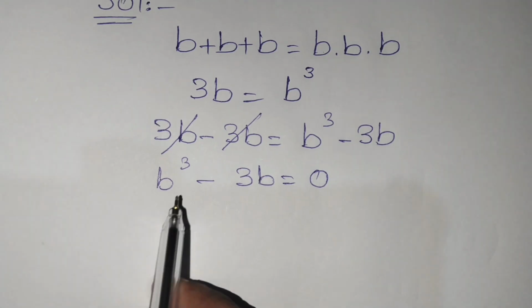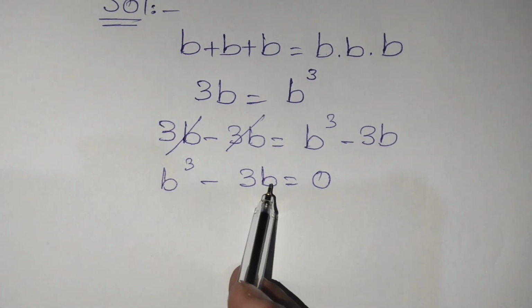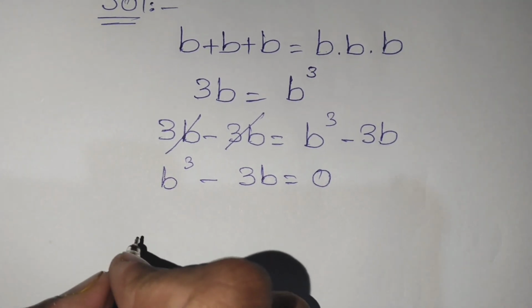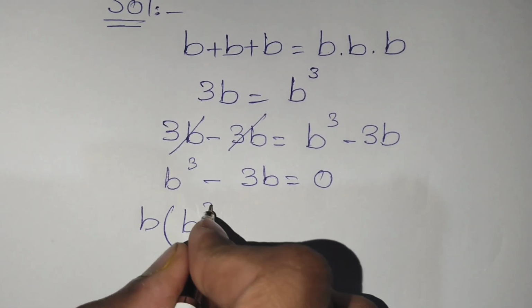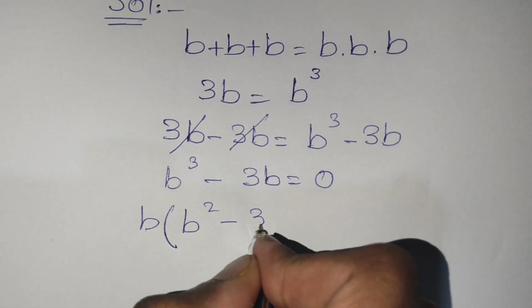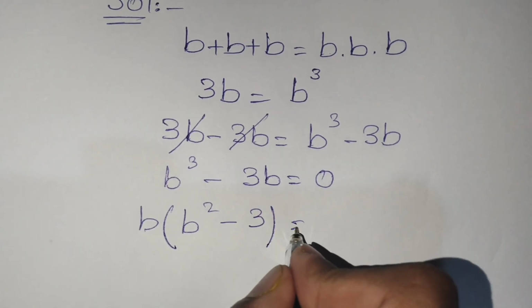Now we can see that we will take b common from both the terms. So we are left with b times b square minus 3 is equal to 0.